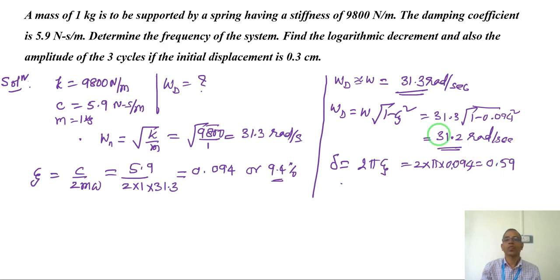And also find the amplitude after 3 cycles if the initial displacement is 0.3. That means after 3 cycles, that means n equal to 3, the initial amplitude is 0.3. So the third cycle amplitude is to be found out.